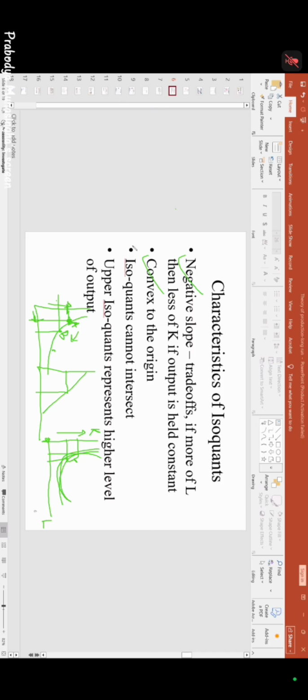And also, isoquants cannot intersect. Why?